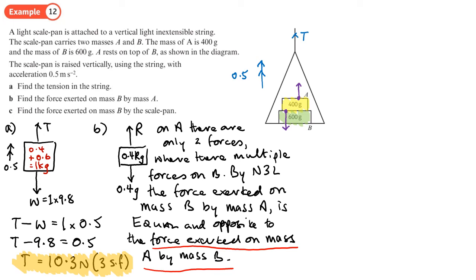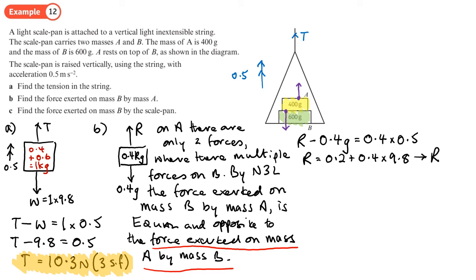So the resultant force in this case is only just going to be R minus 0.4 g, from our diagram, equals MA, 0.4 times 0.5, that's the acceleration. So R equals 0.4 times 0.5, which is 0.2, plus 0.4 g.